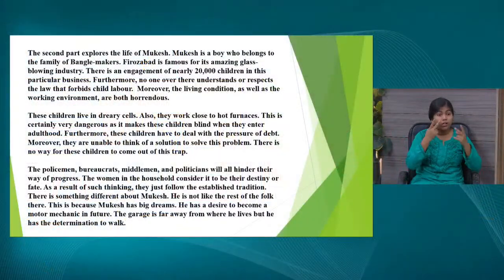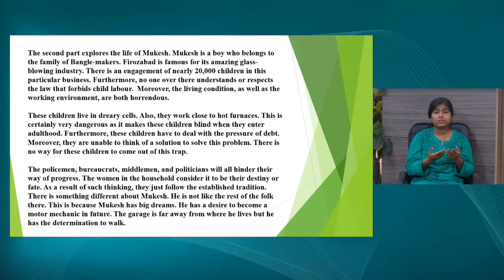The writer must have visited the place, and what he saw was very disturbing. He tells us that children work in hot furnaces, in very hot conditions, and as a result they lose their eyesight very early. The same happens with adults also.